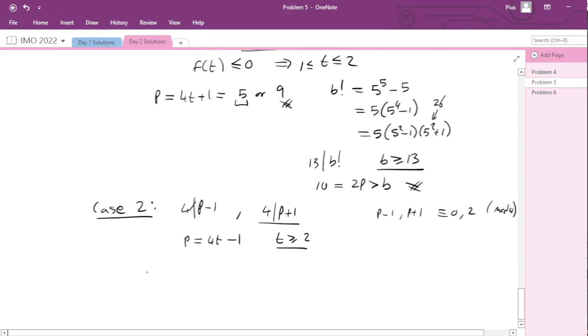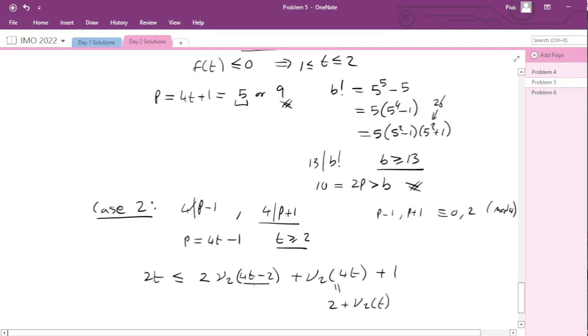All right, so (p plus 1) over 2 in this case will be 2t. So that's equal to 2, the evaluation of p minus 1, which is 4t minus 2, and the evaluation of 4t plus 1. So here we'll get 2, just like what we did before.